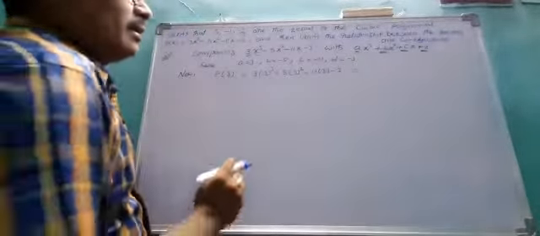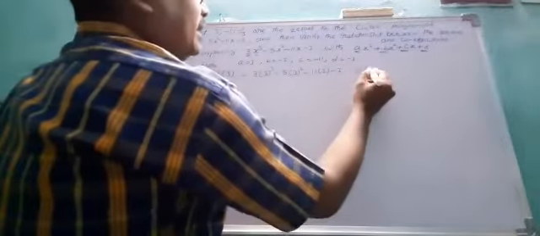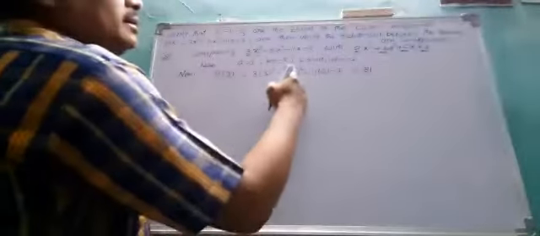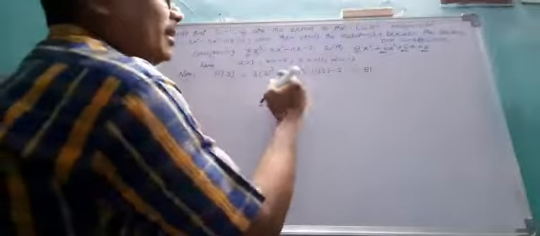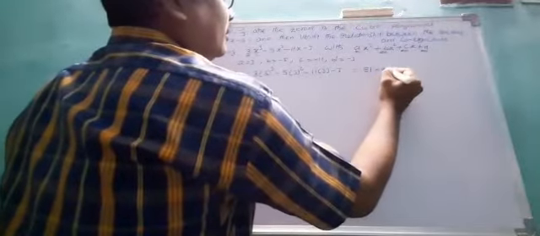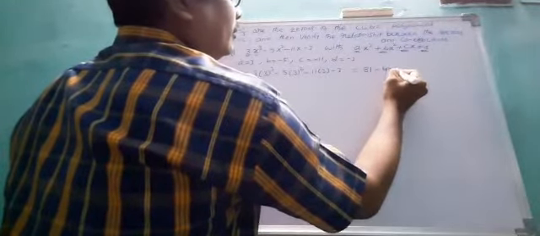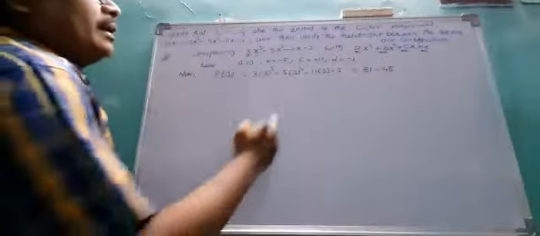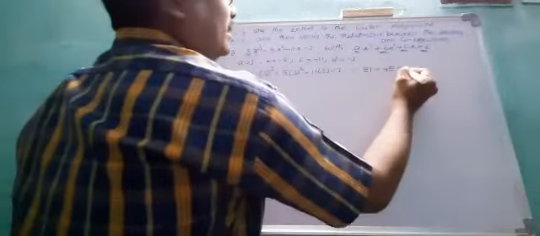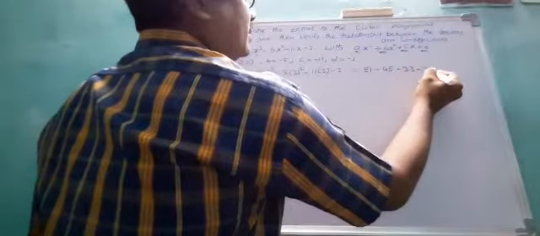Okay. So 3 cube means 27. 27 into 3, 81. 3 square, 9. 9 fives are 45. Okay. Next, 11 threes are 33 and minus 3.